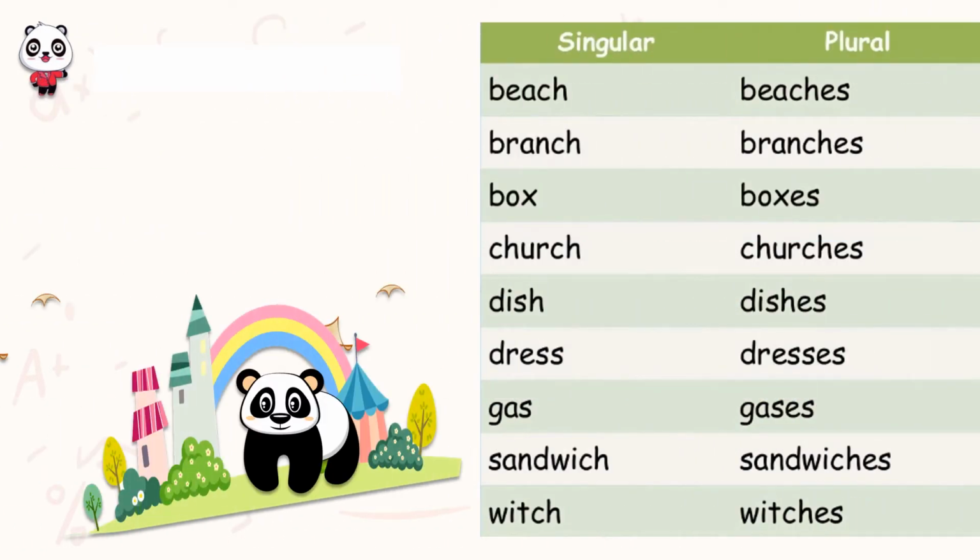Here are also some examples for that rule. Beach ending with ch, add es to the end. Box, boxes. Dress ending with double s, so dresses, add es to the end. Witch, witches, like that. Sandwich, sandwiches.